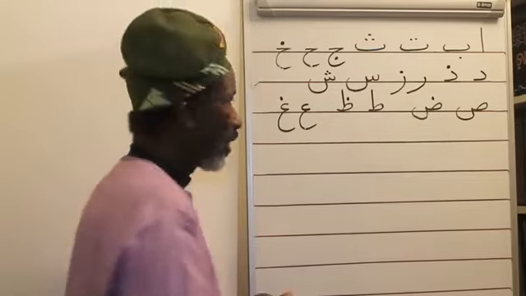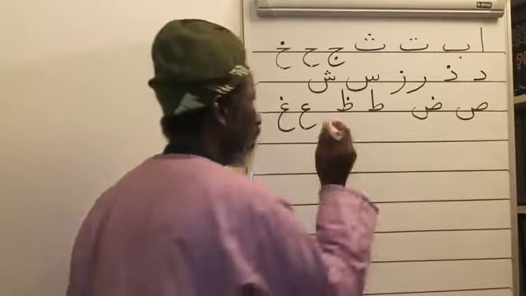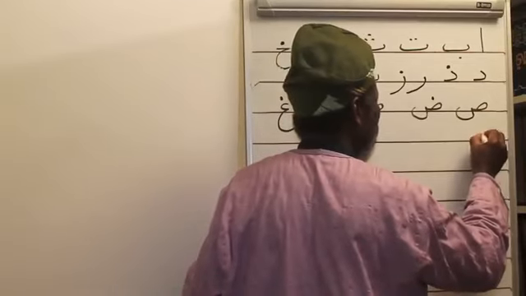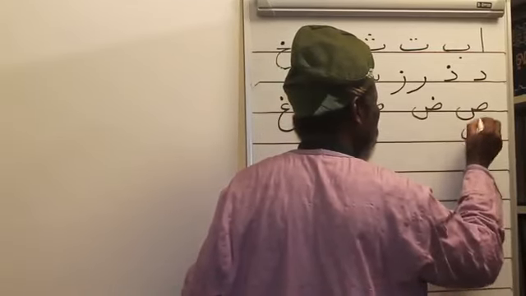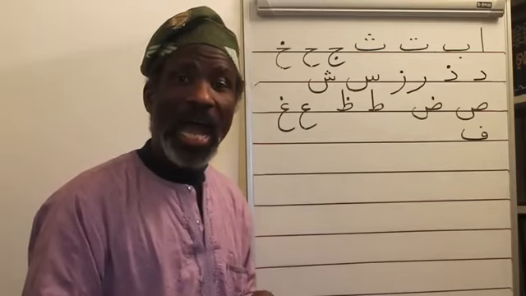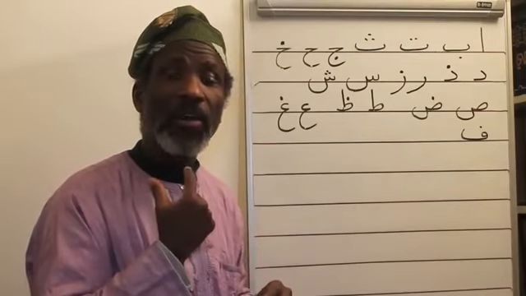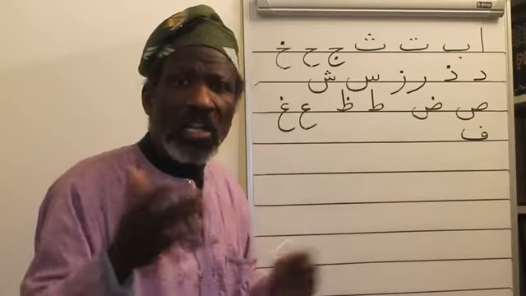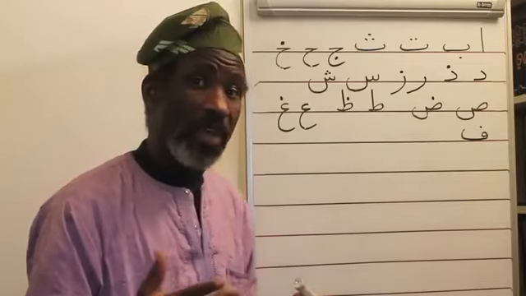Right, the next letter, two in the family as well. So we have this one with one dot. That's fa, fa. That's very simple. Fa, like F-A.